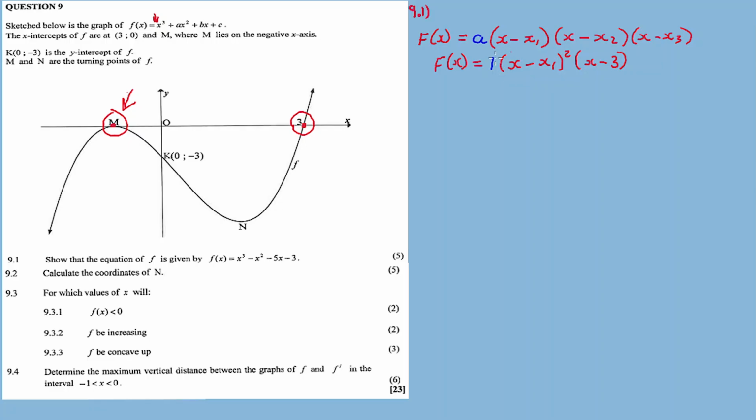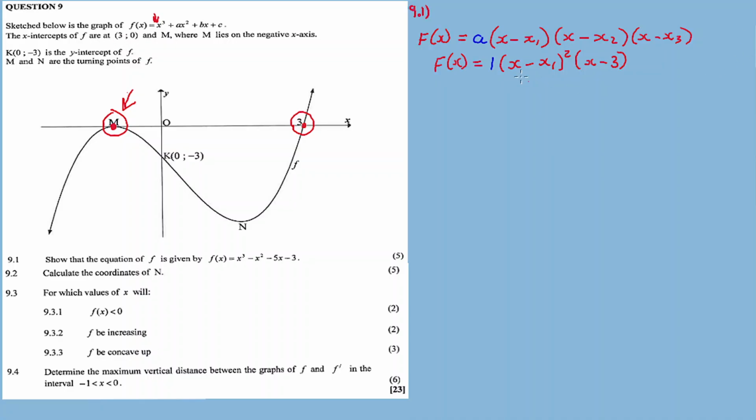But back to this bracket, le bracket lizoba squared ngoba the turning point as well as the x intercept, they coexist on one single point. So therefore sithi squared la, and then x3 ngiyam substitute ngoba ubani, we are given that the x-intercept of f it's 3 and 0.